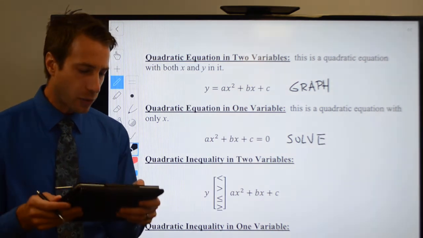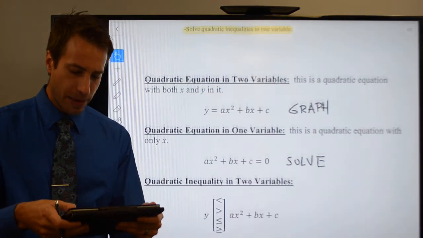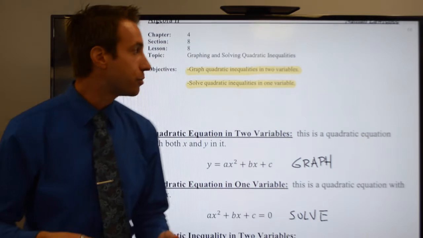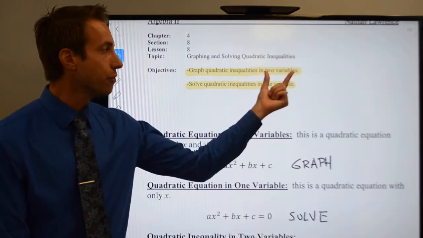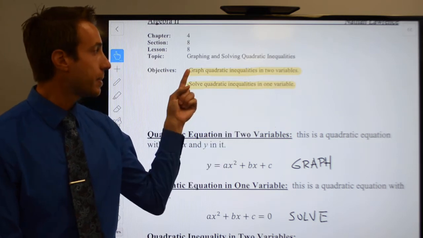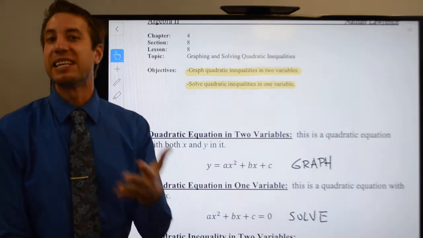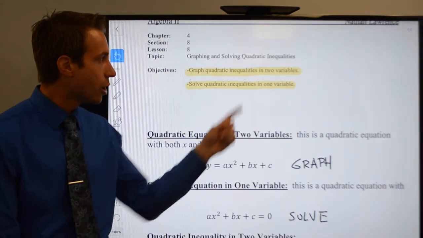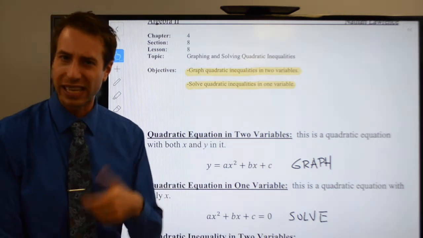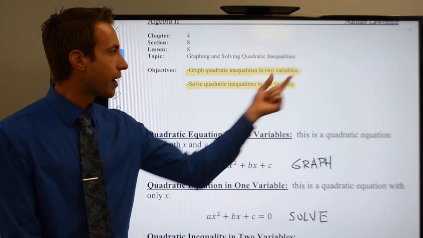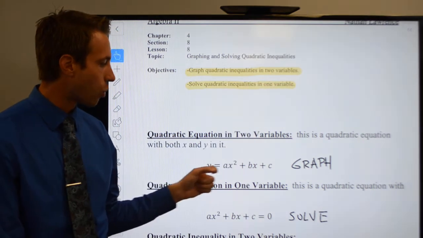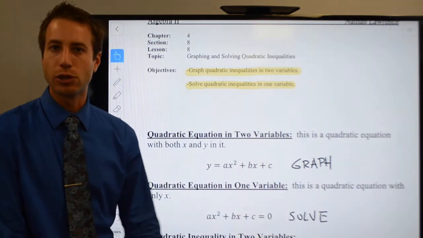Hopefully that makes a little more sense of our objectives. When you have a quadratic with two variables, you're going to be graphing, but instead of an equation, we're going to make it an inequality, which I'll show you in just a second. Anytime it's y equals, they want you to graph.